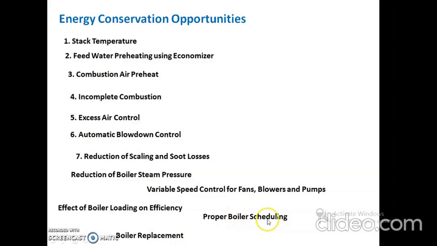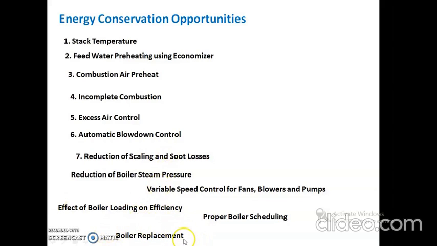Then proper boiler scheduling, and this is the last option, if possible try to replace the boiler. If the boiler is too old and you are not able to do all these measures, meaning it's not possible to employ an economizer, air preheater, automatic blowdown or VFDs in the existing structure because of the boiler age or condition, you may go for boiler replacement.